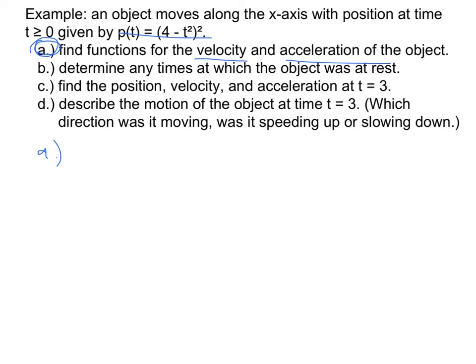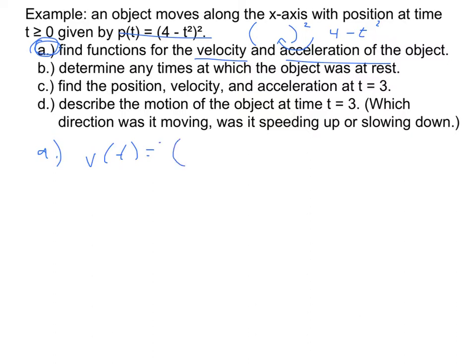So for velocity I'm going to take the derivative of position. Hopefully you recognize that this is a chain rule problem. There is a squared function, and within that squared function I have 4 minus t squared composed. So to do the derivative of that, I'm going to do the derivative of the x squared function.